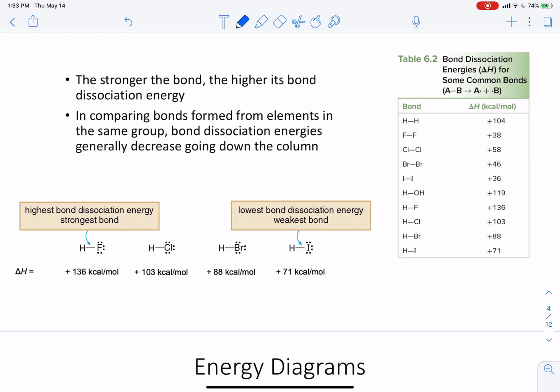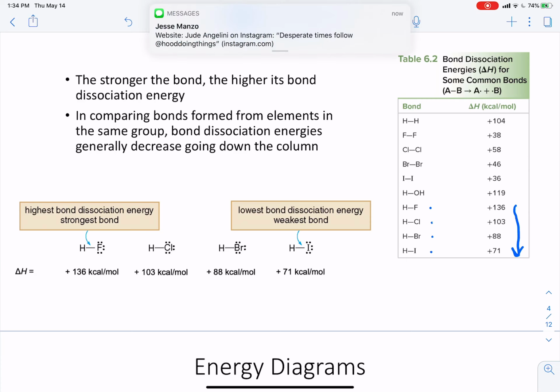Now, when we go down a group on the periodic table, so say we go from fluorine to chlorine to bromine to iodine. So if we looked at a periodic table and the halogens, we'd see fluorine, then chlorine, then bromine, then iodine. What tends to happen is it takes less and less energy to break that single bond, which is a little bit interesting.